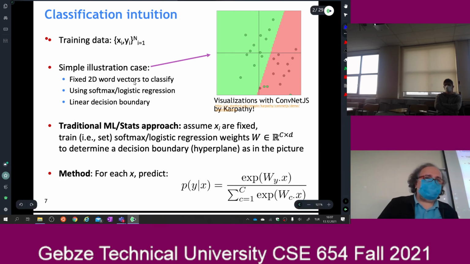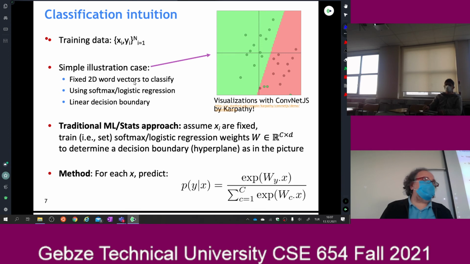Our Xi are inputs, right? Usually our inputs are very high dimensional. What do I mean by high dimensional? Remember our word2vec? What was the average dimension to represent a word in word2vec? It was like 200 dimensional, right?